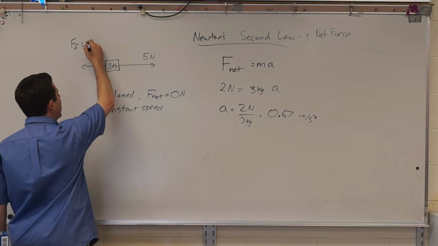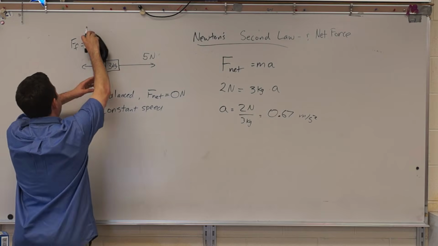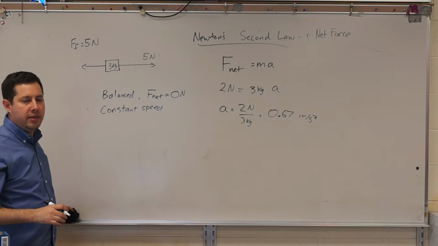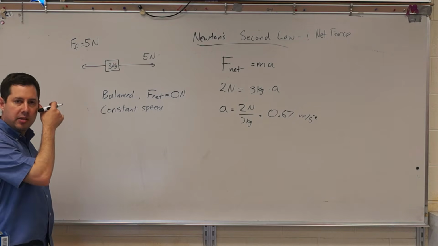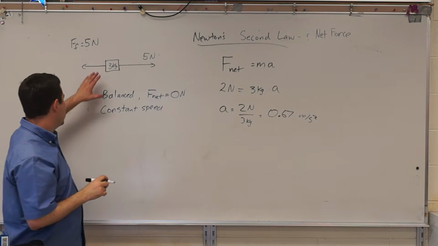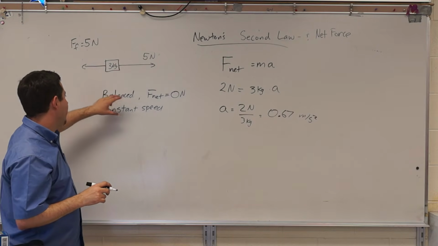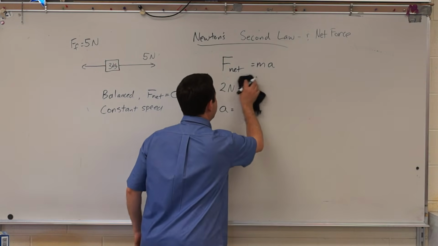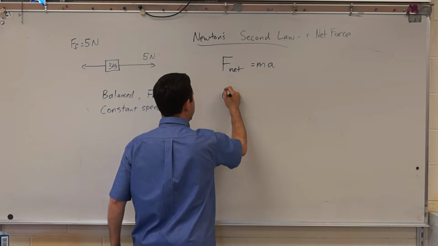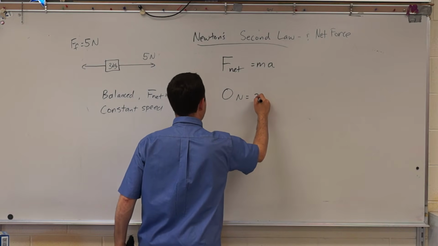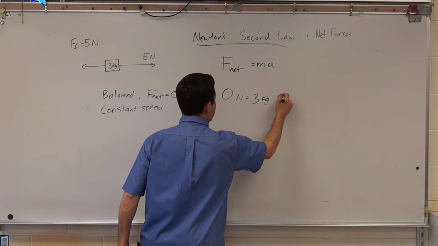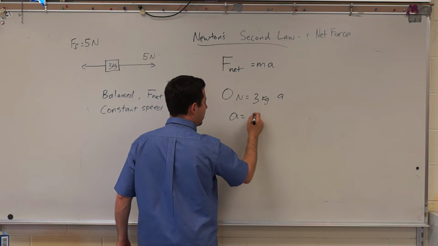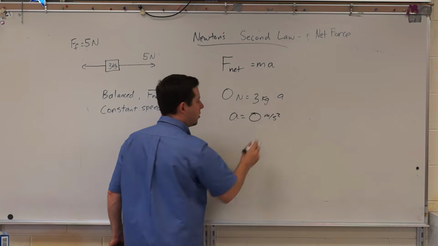Well, it's got to be equal and opposite. So the force of friction has got to also be 5 newtons. It's got to be balanced to the right and the left. Eventually we're going to start talking about this in 2 dimensions as well. So in this case, 5 newtons right, 5 newtons left, net force is 0, constant speed, acceleration is going to be 0. Because you get 0 net force equals your mass, which is 3 kilograms, times your acceleration, but anything times 0 is going to be 0, so your acceleration is 0 meters per second squared.